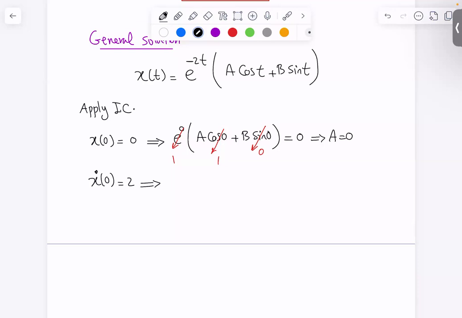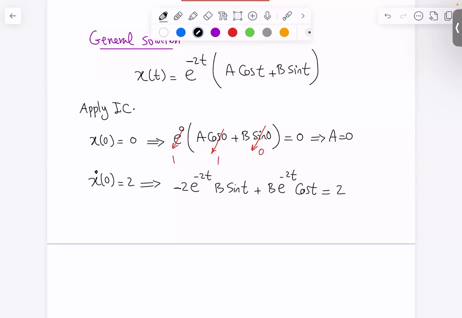So that is negative 2 e to the negative 2t times b sine t, plus b e to the negative 2t cosine t. And we plug in 0, and again, this has to be equal to 2.